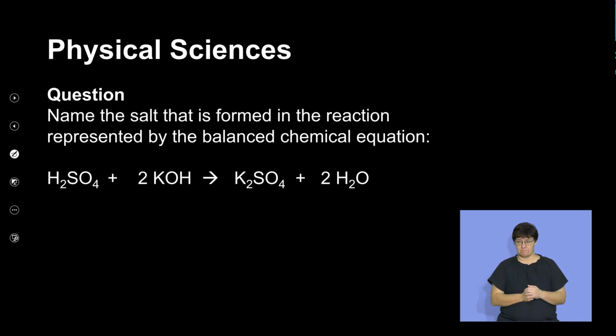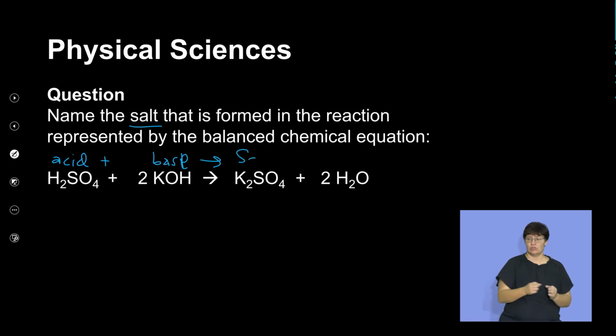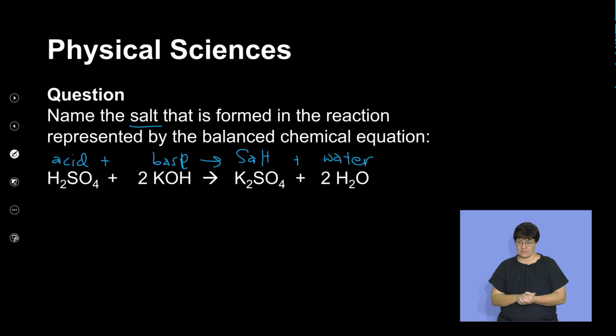The last question says, name the salt that is formed in the reaction represented by the balanced chemical equation. We said it's acid plus base, strong acid plus strong base, to give us a salt and water, okay?